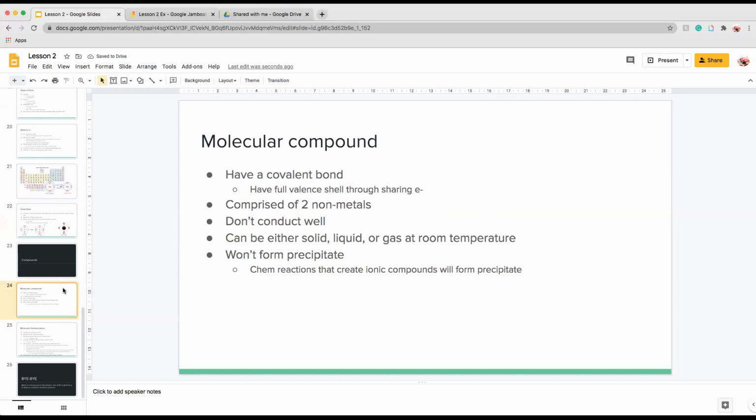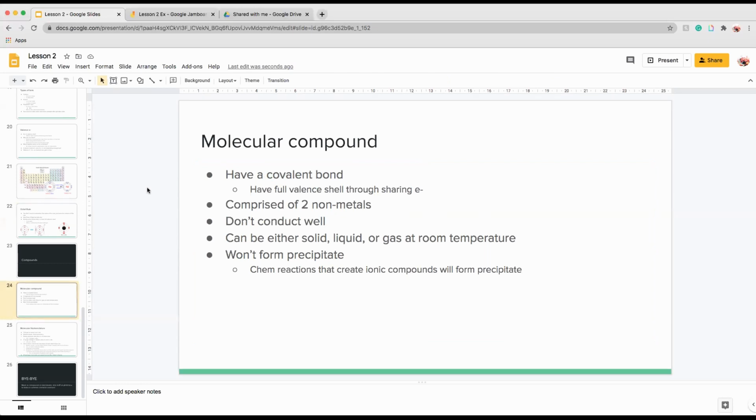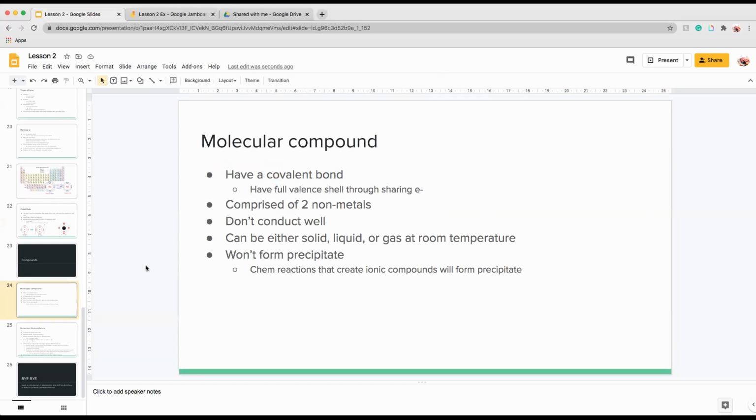This happens when two nonmetals join together. In this case, they don't lose or gain electrons, but they just share electrons. The name of sharing electrons is called a covalent bond, where they cooperate to have the number of electrons they want.